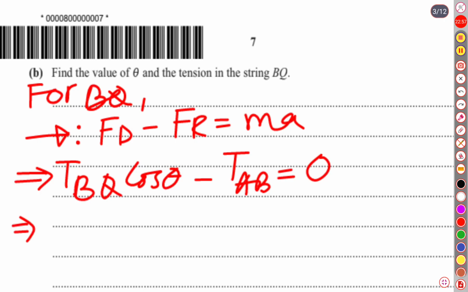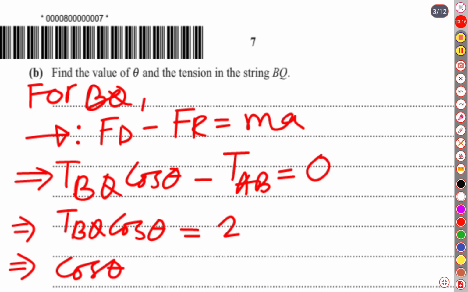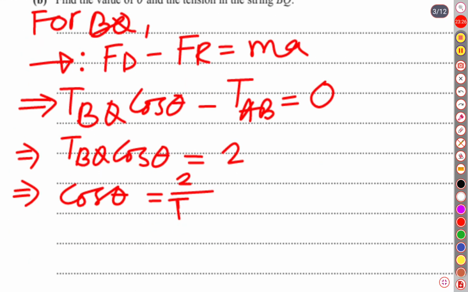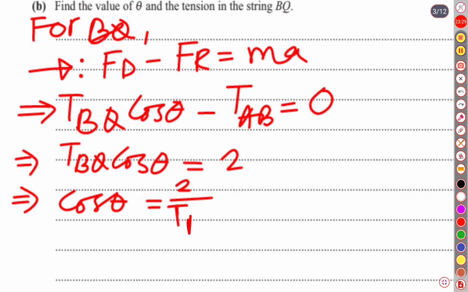So if we dissolve this, tension in BQ cos theta is equal to tension in AB, which we have already obtained, 2 Newton. So cos theta is equal to 2 over the tension in the string BQ. We may leave this as equation number 1.